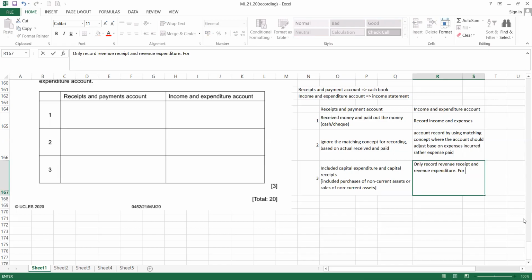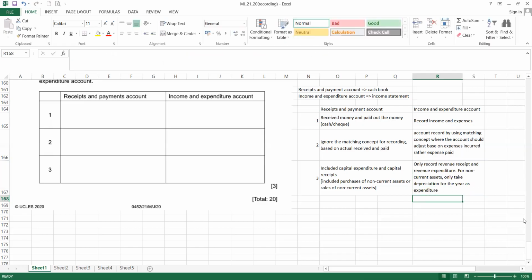For non-current asset, only take depreciation for the year as expenditure. Okay, so there are some ideas about the receipt and payment and income and expenditure.